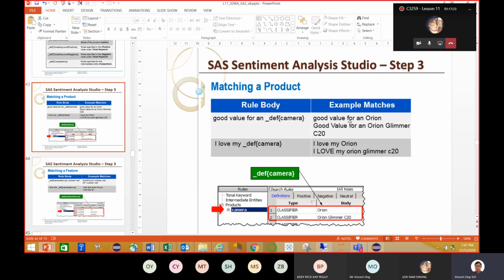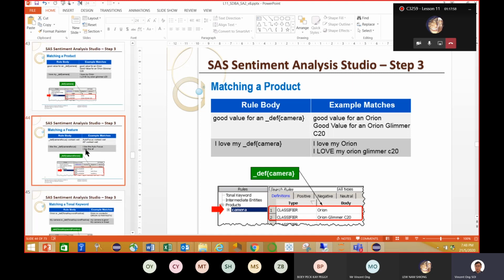So things like good value for an orange will match, because orange is defined here. Or good value for an orange glimmer camera here will also match. The same thing with I love, whatever is defined here. This is further definition.